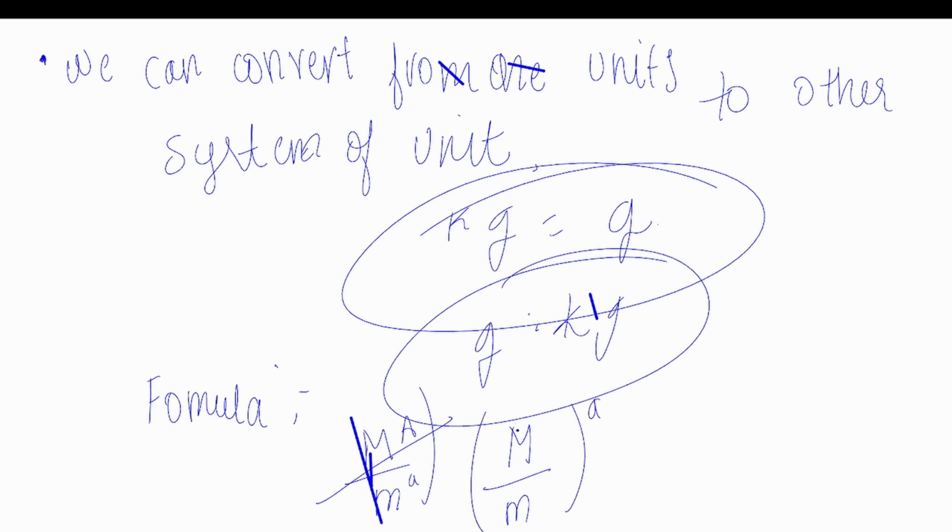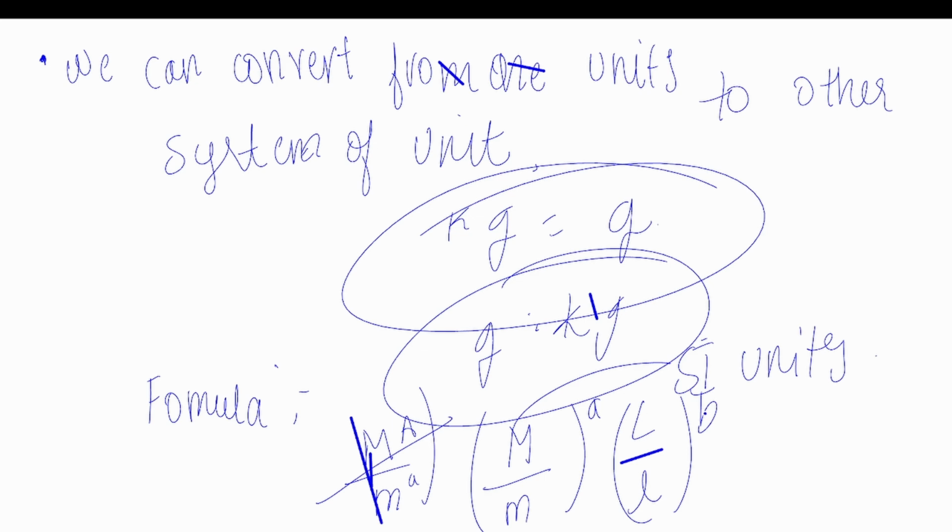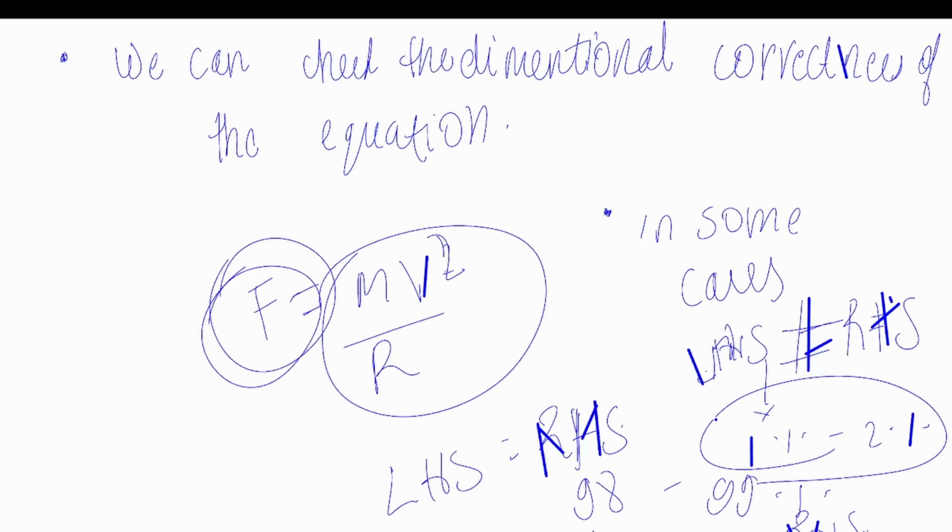For example, if I have it in kg, basically I write the SI units out here. So it is m by M power a, L by L power b, and T by T power c. Let me write it on the next page.